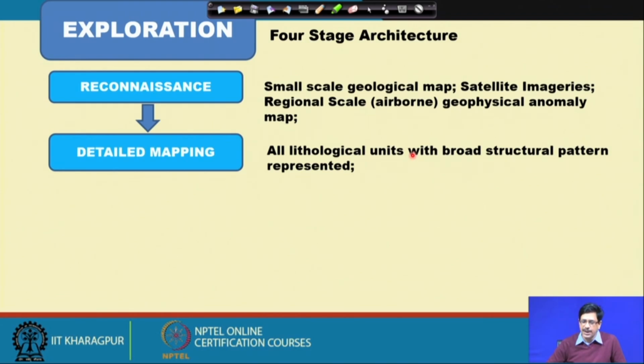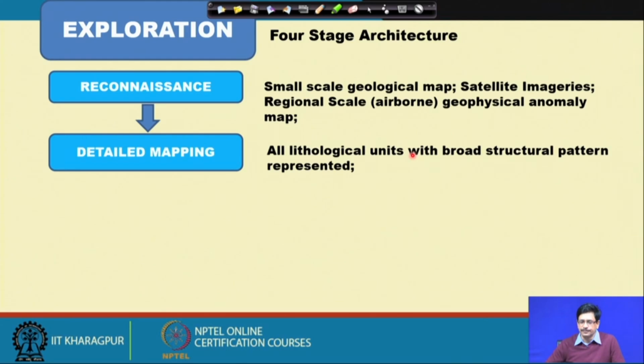Those kinds of maps also have the scope of representing the local scale structural features, which sometimes are very important in terms of the localization of ore bodies.